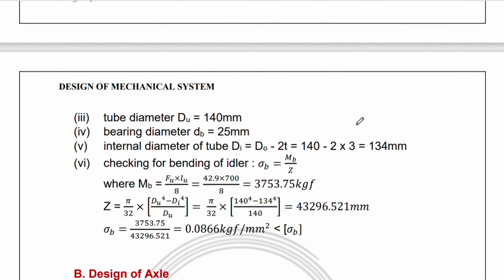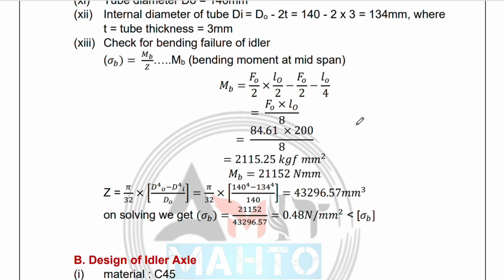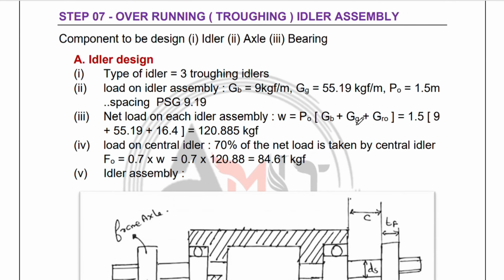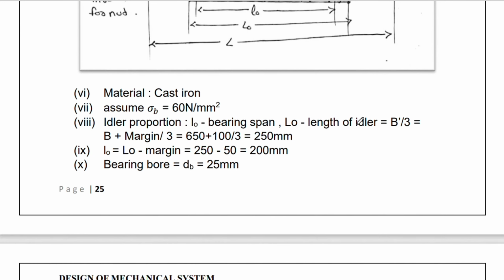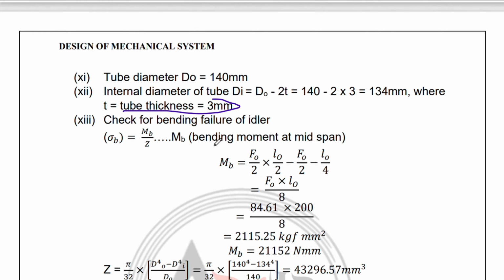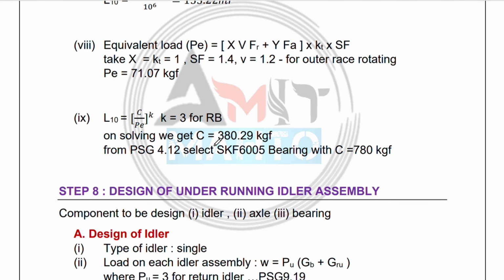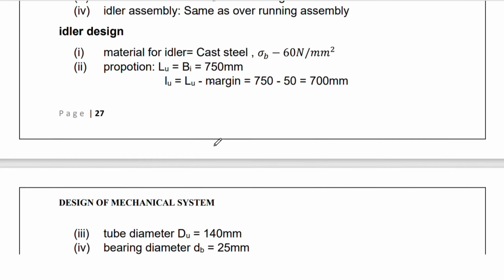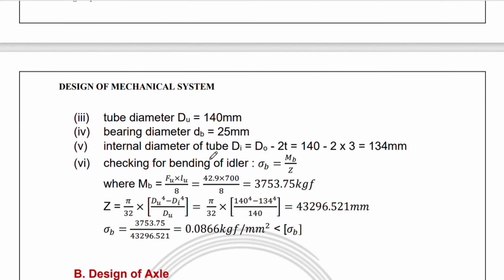In overrunning we did the same, and in underrunning also the tube thickness we have assumed as 3. So it is the same as the previous step. So internal diameter of tube will be 134 mm.